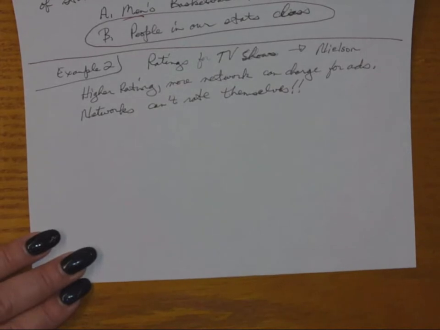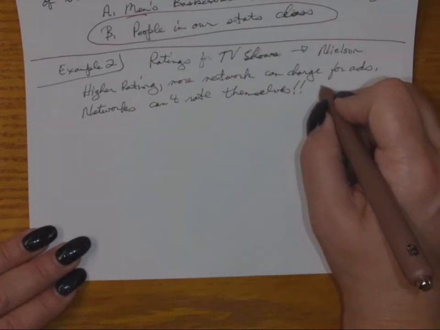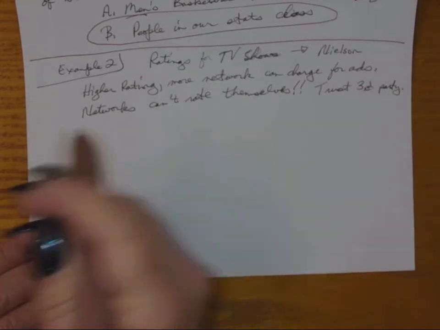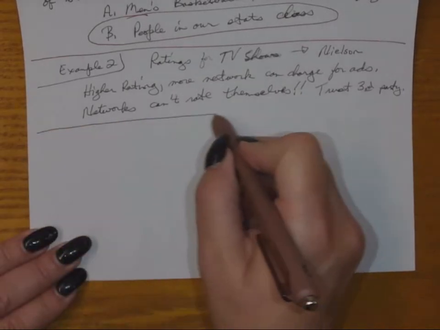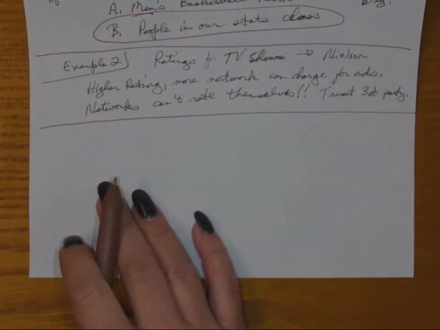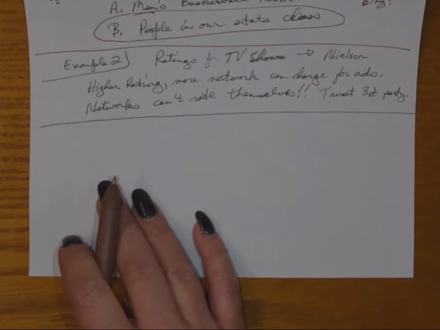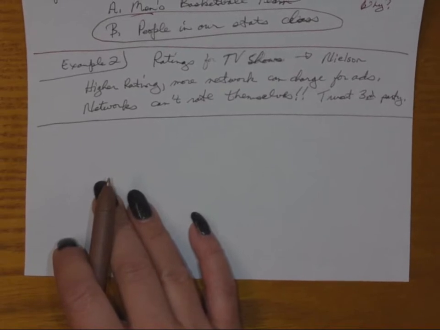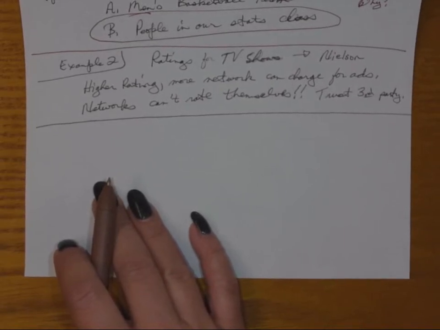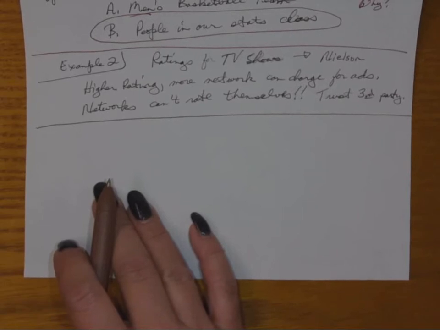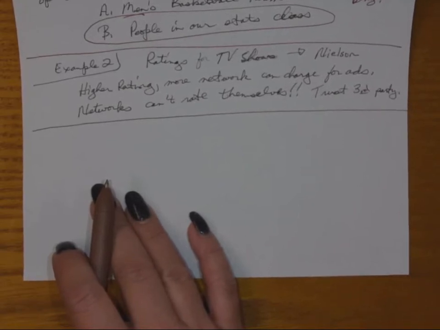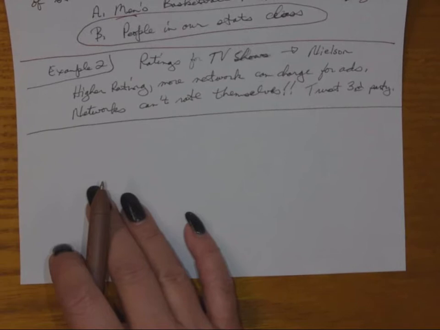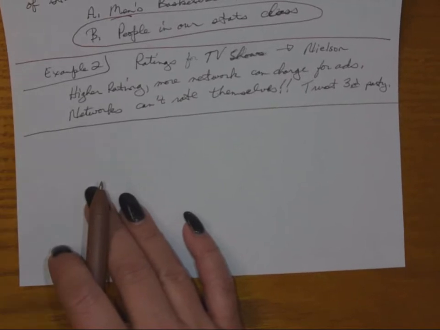Okay, and the reason why is because in order for me to trust you, I need a third party to do that rating system, right? And so that's why networks spend lots of money to pay Nielsen to rate their different shows, because they really, really, really want advertisers to be rest assured that it's all good. That we're not lying to you. We really do have these high ratings and all of that. Okay.